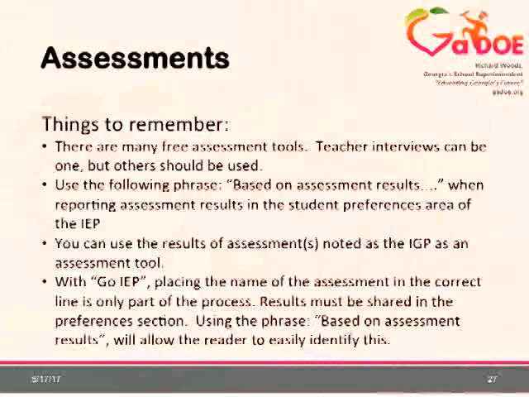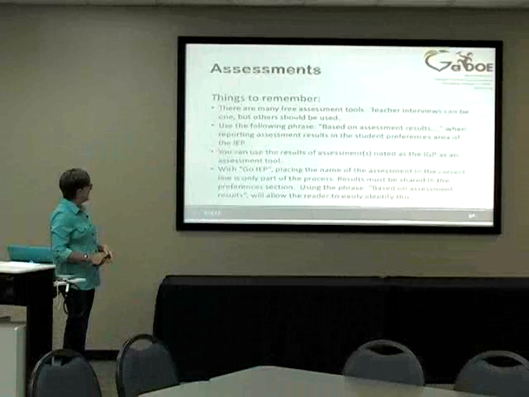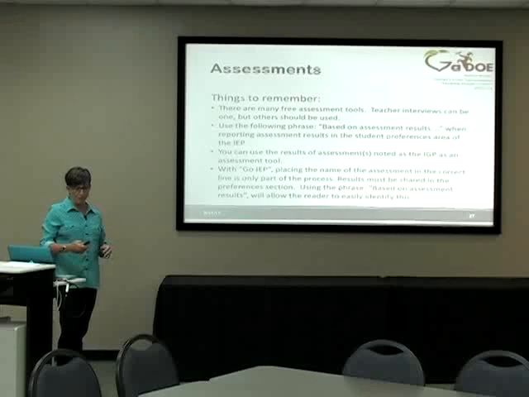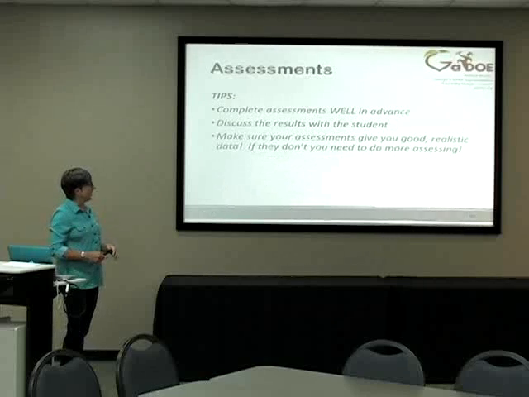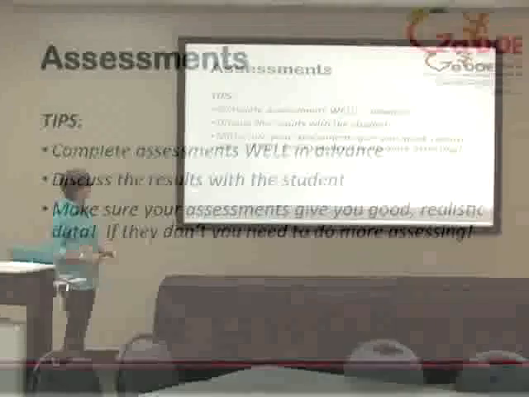And here's something you maybe haven't thought about: assessments have to be noted on the individual graduation plan from the time the student is in the 8th grade. So it's okay to use some of those same assessments. That information can be very helpful on the transition plan. And this I already talked about: if you're using Go IEP, make sure you include that information as far as the results go.